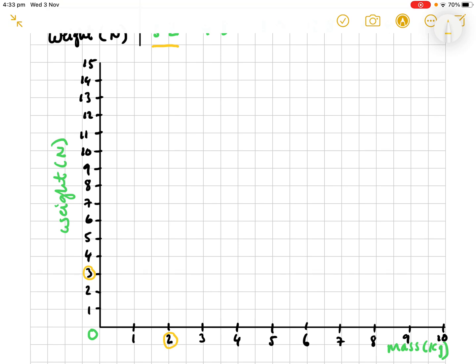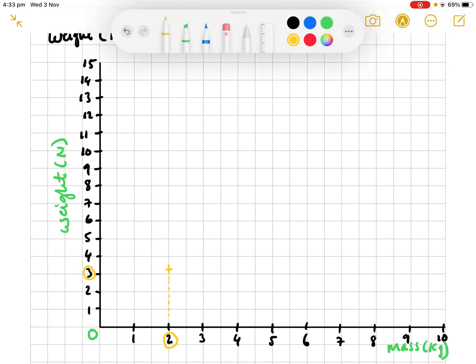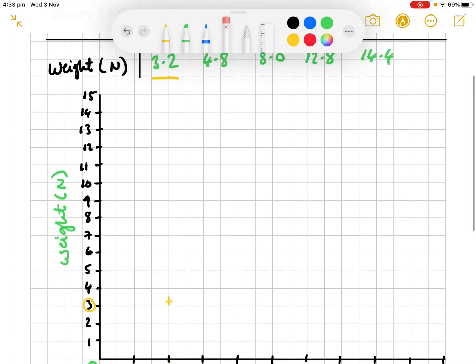Well, it's 1/5 of the way between 3 and 4. So if I go to 2 and I go up, 3.2 is about there. Now, when I get to the point of doing the cross, I do a little cross like that. Okay. Now, you wouldn't normally draw in these dotted lines, so I'm going to get rid of those. That was just to show you where the first point would go.